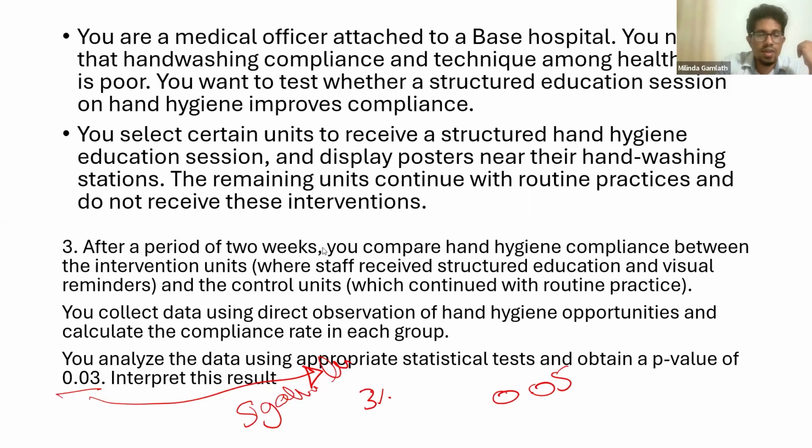And this value of 0.03 is less than the significance level of 0.05. So we reject the null hypothesis. Our interpretation is that there is an association between our intervention and better hand hygiene. So our intervention has improved hand hygiene.